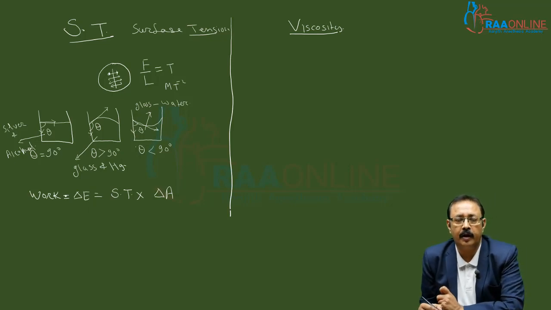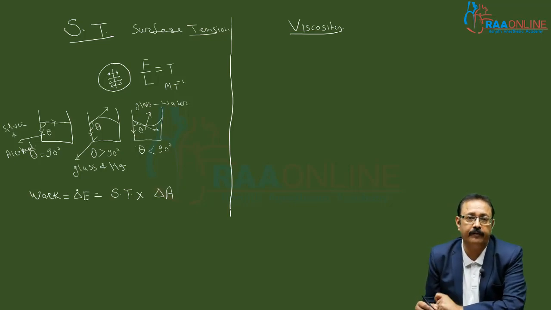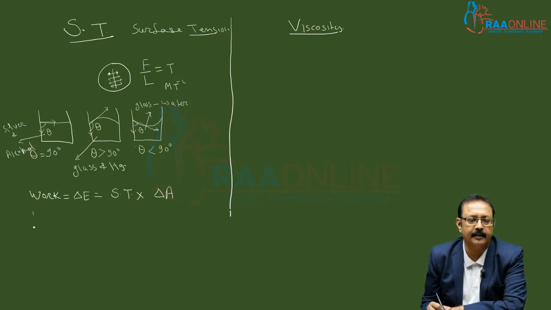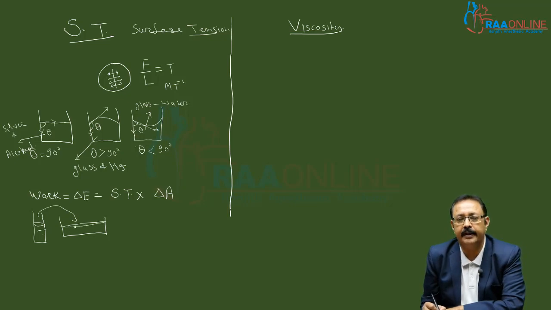If you are willing to increase the free surface of a liquid, what you have to do? See, in this glass, free surface area is less. If you put this liquid in this beaker, what will happen? You are increasing the free surface. It means some molecules from the downside will come to the upside.